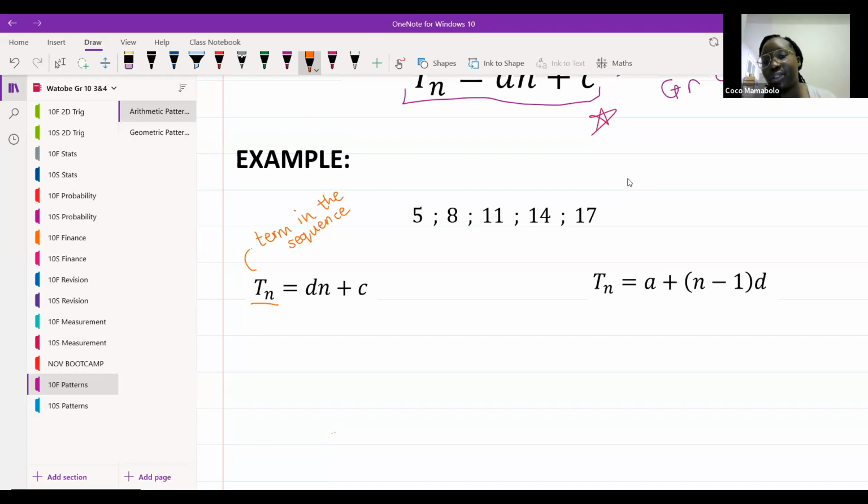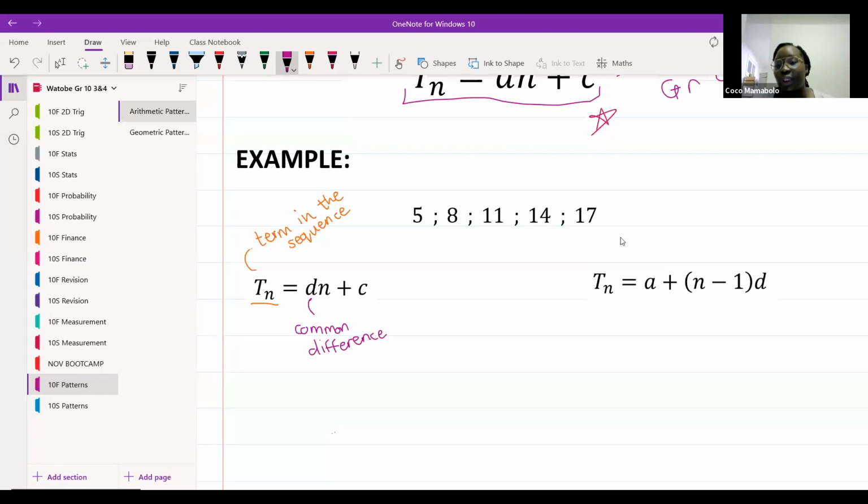Okay, the d in our formula over here stands for the common difference, and there will always be a common difference. Now, for those of you who are saying Tn stands for the number of terms, it does not. It stands for the actual term in the sequence.